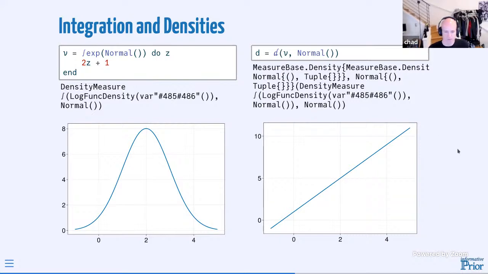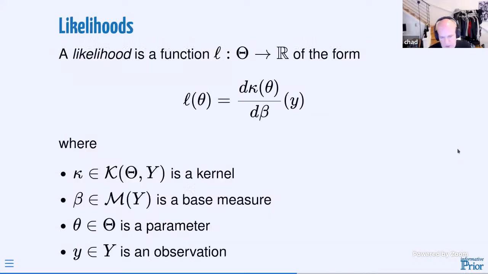And we have likelihoods. Likelihoods are used all over the place in statistics, and the idea is if you have a kernel and you have an observation in the target of that kernel, but you don't yet know what the parameters are. This is why likelihoods come up all over the place, because that's exactly what we have in statistics.